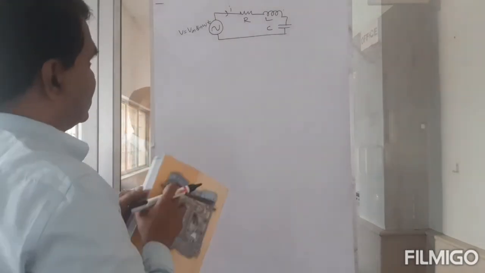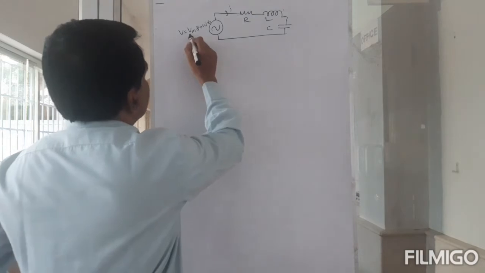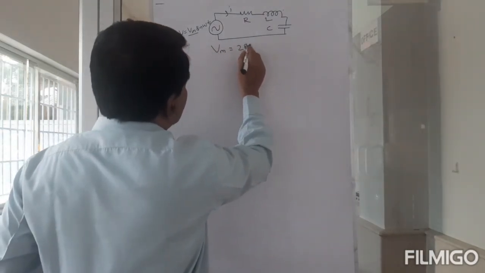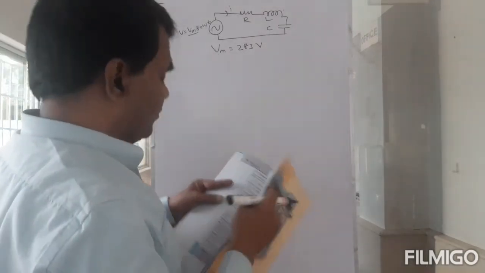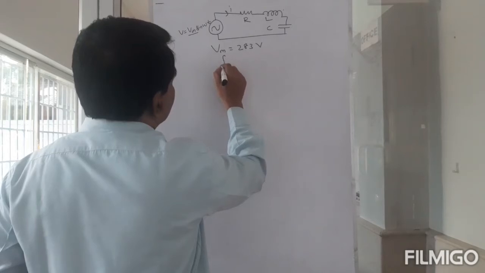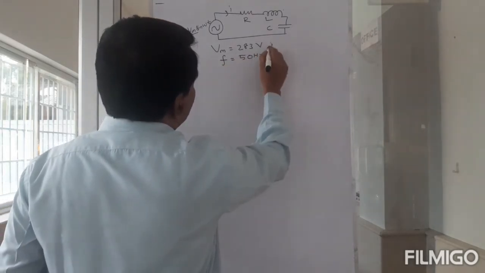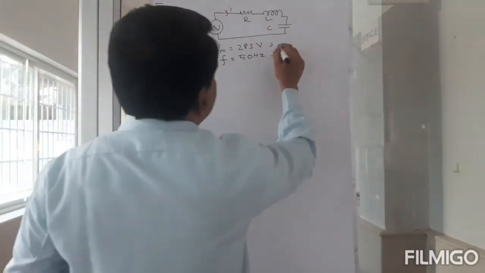So what are the values given? First the peak voltage is given. Vm is 283 volts. And frequency is 50 Hz. Resistance is 3 ohms.